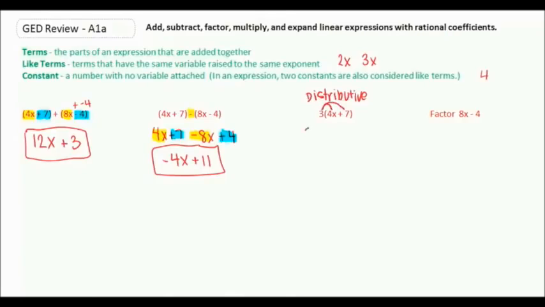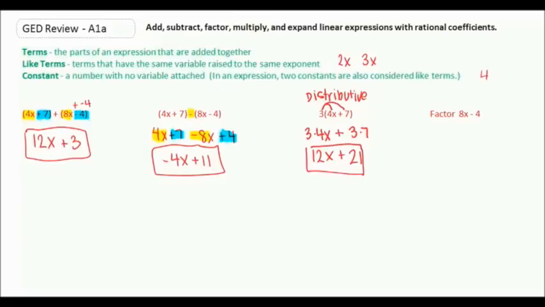So we're going to say 3 times 4x. We always bring down whatever sign is there. And then 3 times 7. Well, 3 times 4x is 12x, and 3 times 7 is 21. Once again, not like terms, so that is our final answer.